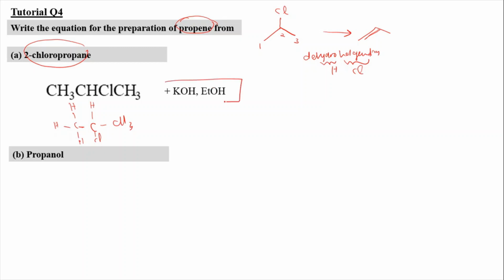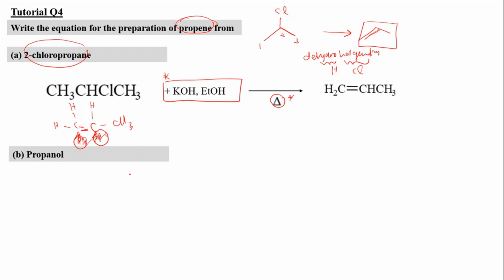This is compulsory to write because this is the reagent needed, and then the product that we're going to get is this product, and this reaction needs to happen at high temperature. This is compulsory, and the same goes for the KOH because it is going to provide a basic medium for the reaction to take place. So the chlorine and the hydrogen are removed, the single bond is eliminated, and a carbon-carbon double bond is formed. You can also write it as here or do it as mentioned here.